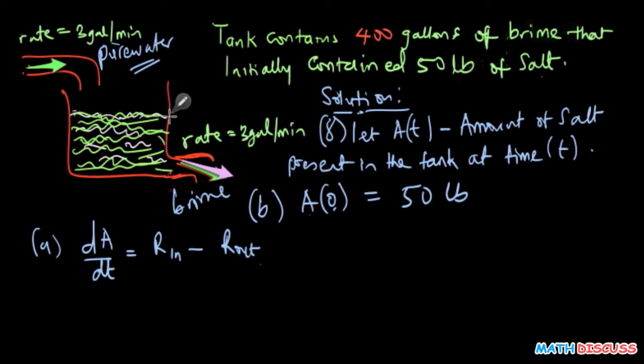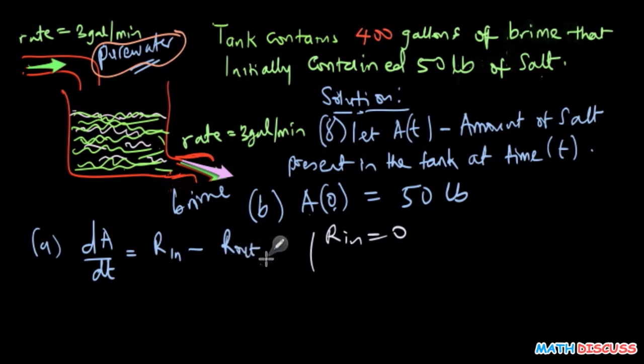The quantity of water in the tank is neither reducing nor increasing, because as it's going in, it's also going out at the same rate. But the rate at which salt is entering the tank is actually 0. Why? Because this is pure water, it doesn't contain salt at all. So R in is equal to 0.